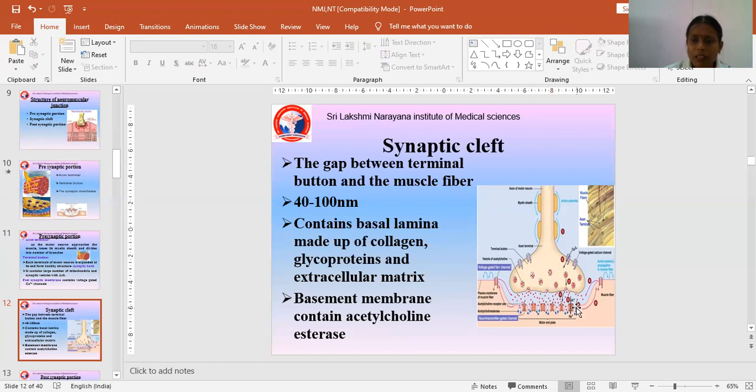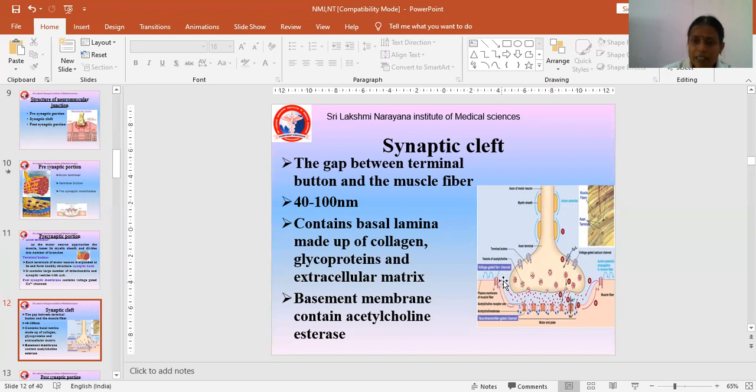When it approaches the muscle fiber, it divides into a number of branches, and each branch ends with an expanded, knob-like structure, called the synaptic knob or terminal button. The terminal button contains many mitochondria and acetylcholine vesicles. The presynaptic neuron is covered by the presynaptic membrane, which contains many voltage gated calcium channels.